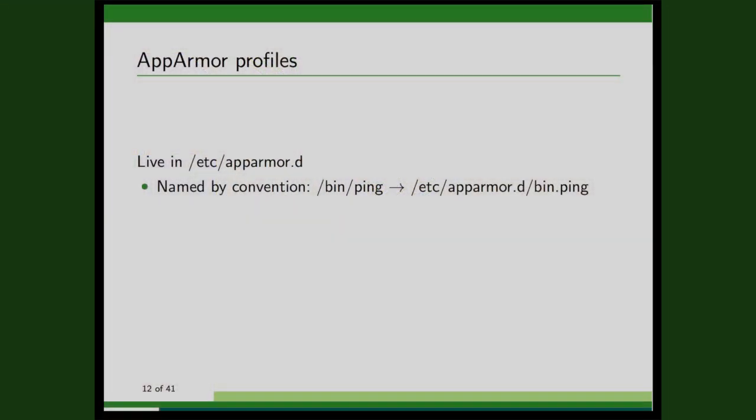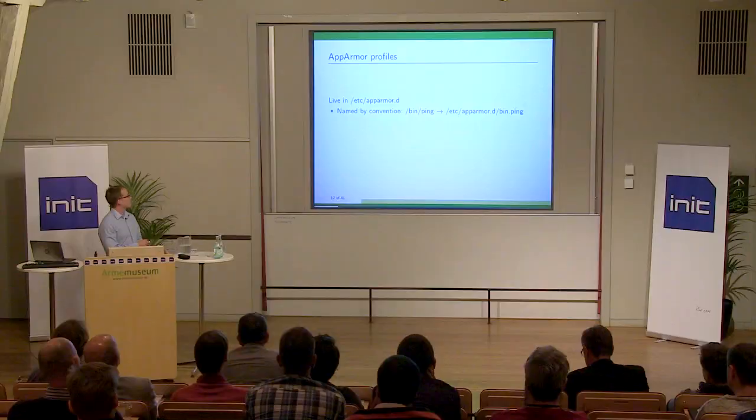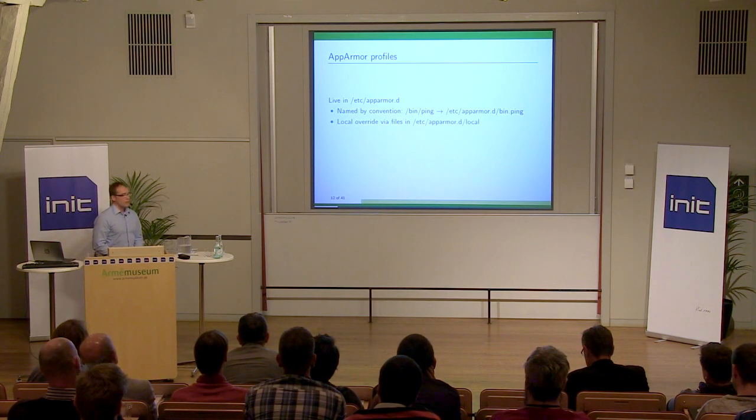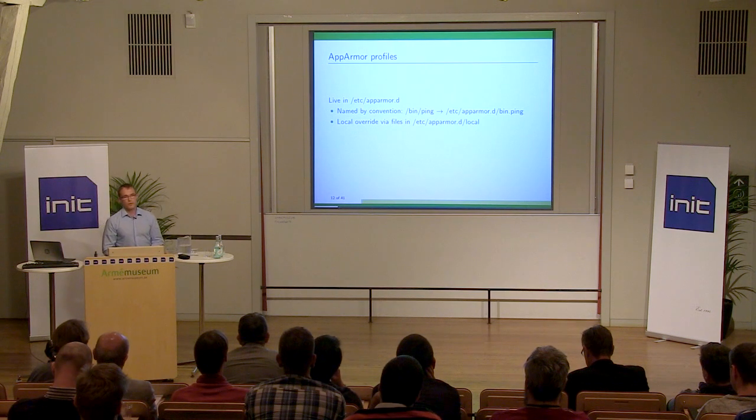So those AppArmor profiles, they live in /etc/apparmor.d, and they are named by convention. So if you want to restrict the actions of the ping binary, then you would have a path looking like this. You can override those profiles by putting your own profiles in /etc/apparmor.d/local, and then those profiles would be used.